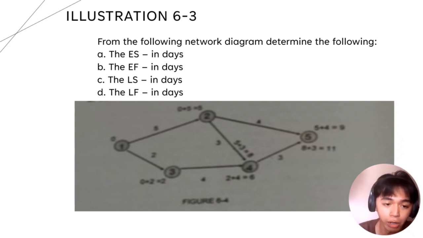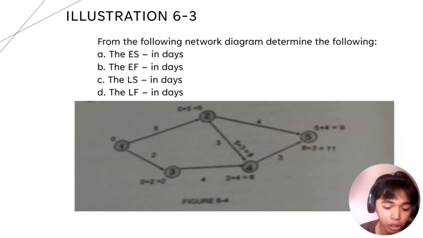So this is our example of illustration 6 to 3. From the following network diagram, determine the following. A, the ES in days, B, the EF in days, C, the LS in days, D, the LF in days.